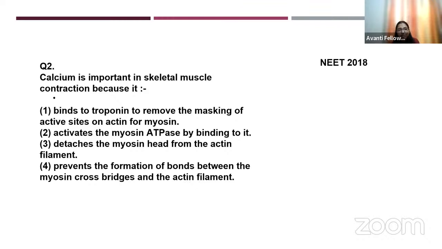What do you think? What will be the correct option for this question? They're asking about the role of calcium in the contraction of the skeletal muscle. Quickly answer, beta, so that we can cover more questions.